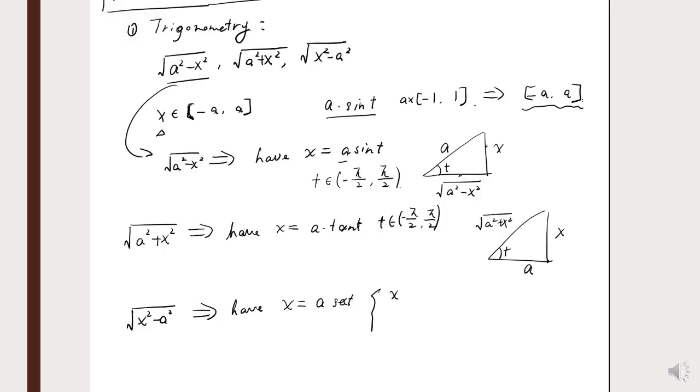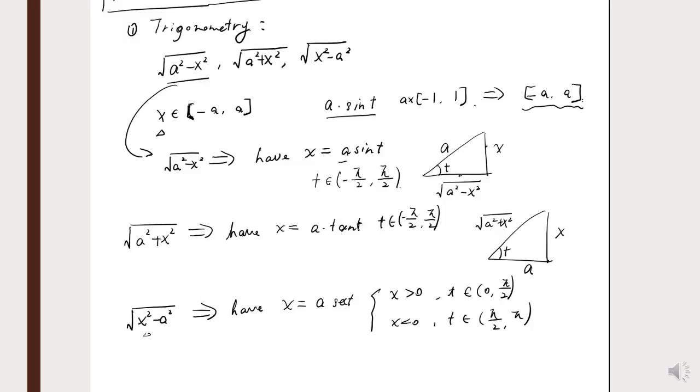When x is bigger than 0, we can have the t range as 0 to pi over 2, but if x is smaller than 0, t belongs to pi over 2 to pi. You can take this as homework, to see if you can find out why we can use x equals a times sec t to substitute the x here.